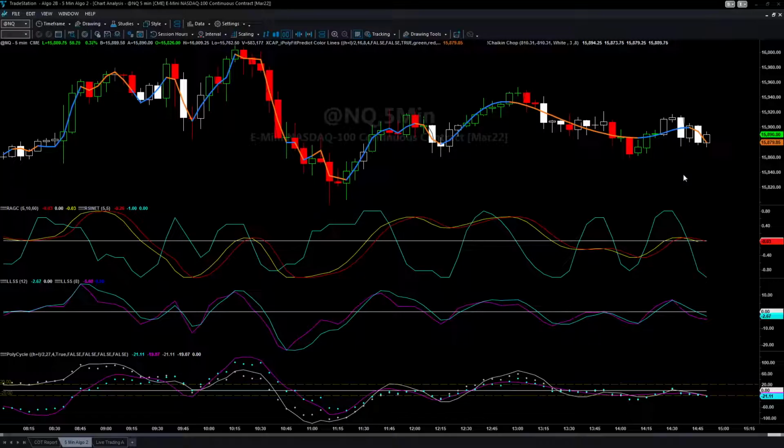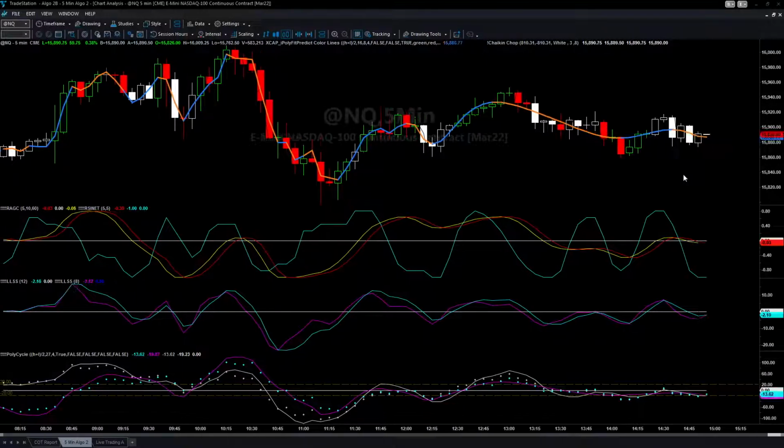This is one bear of a trade. Just trying to get this thing to go down has been tough. The market's just bouncing around right there.